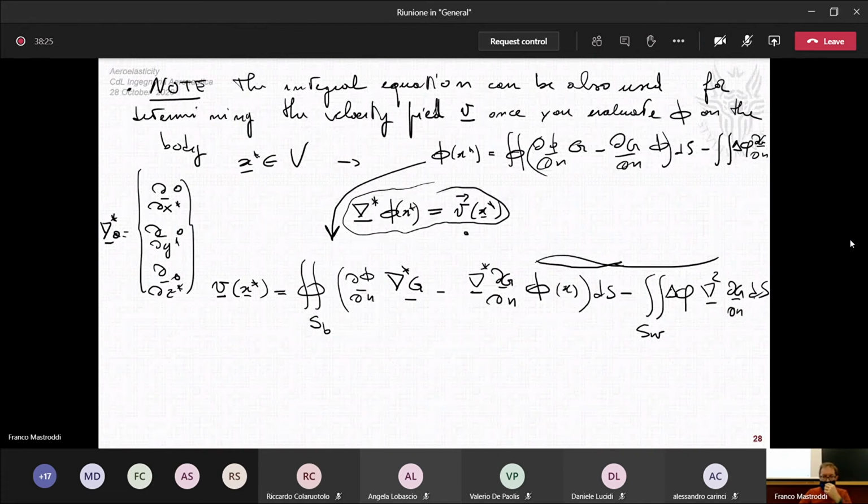And this is just to be explicit the fact that this value, once you know the boundary condition and the value of phi on the body surface and on the wake, if you know these three quantities, because you have evaluated phi on the body and you know the motion, you know the velocity in any point of your fluid domain.